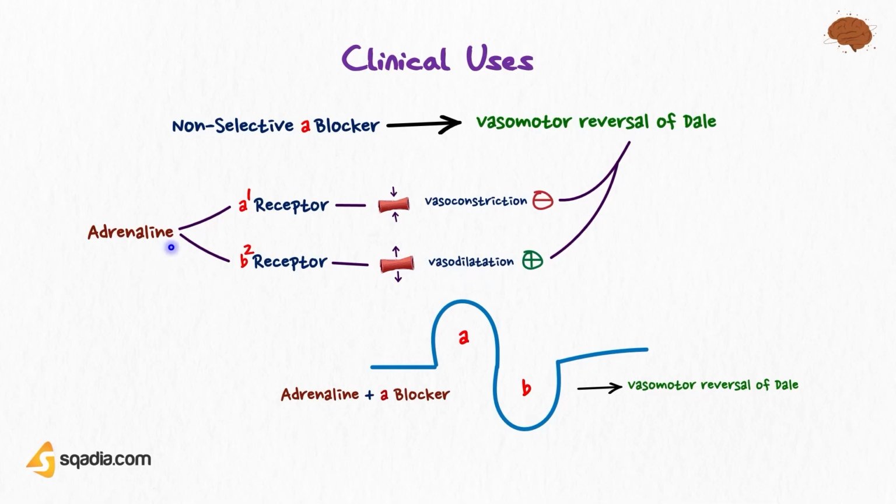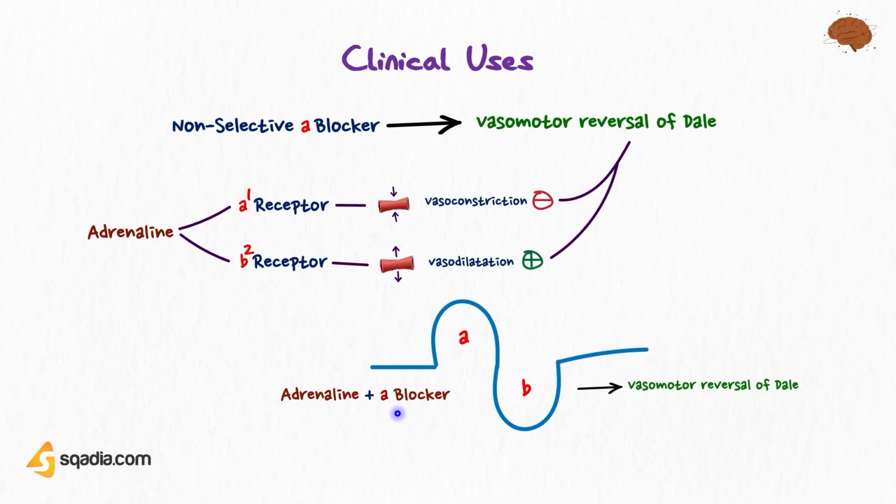Note here that if you have given an alpha blocker, the alpha-1 receptor is completely blocked and no vasoconstriction is happening, and ultimately no blood pressure rise, which is denoted by this bulge here. This is the rise in blood pressure due to the alpha-1 receptor, and then this is the vasodilatation and the decrease in blood pressure due to the beta-2 receptor.